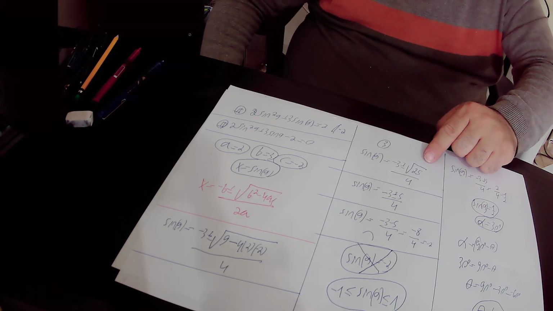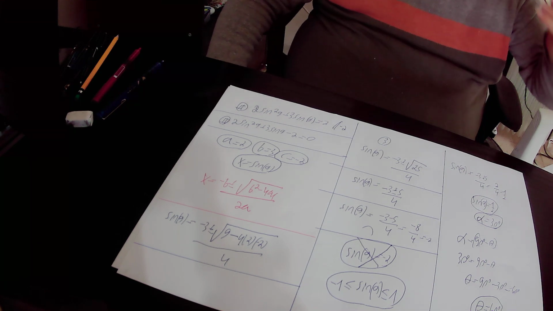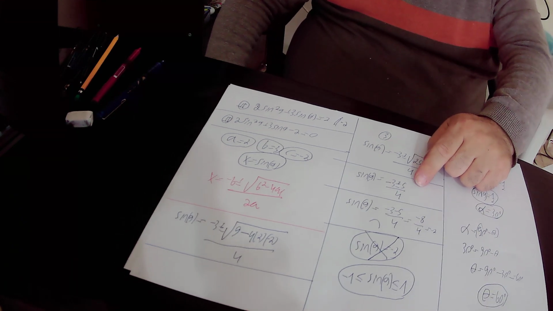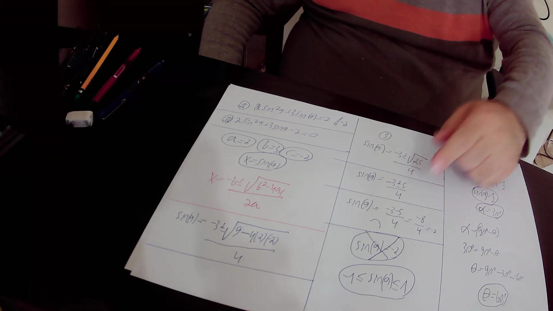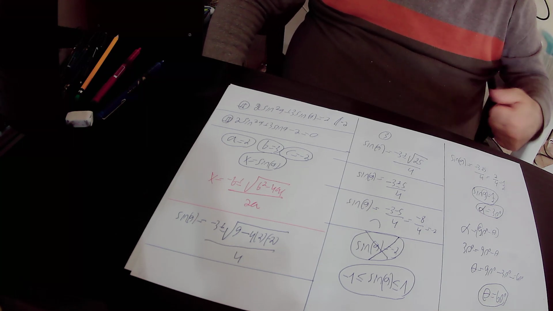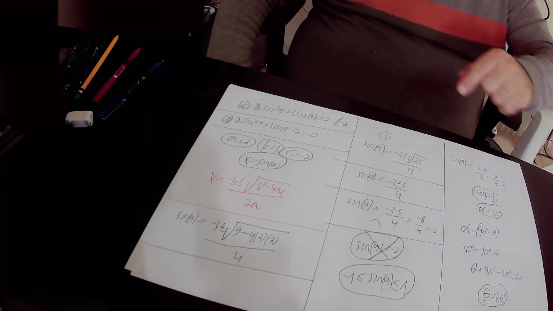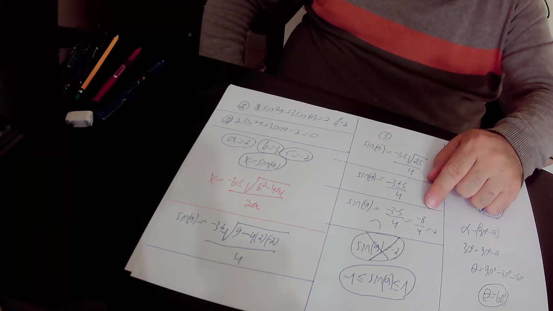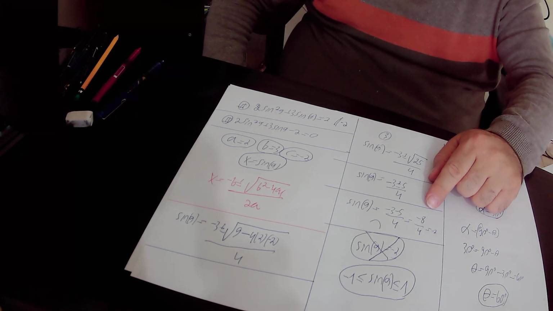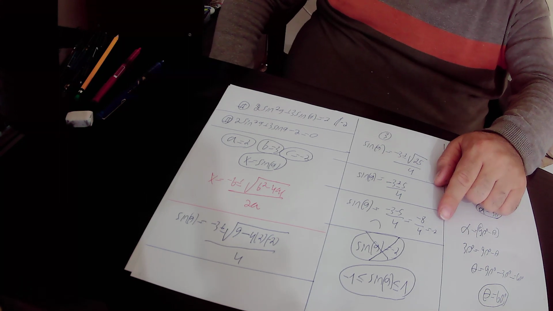The square root of 25 is 5, so sine alpha equals minus 3 plus minus 5 over 4. Here we have two possible solutions for sine alpha. The first solution is sine alpha equals minus 3 minus 5 over 4. Minus 3 minus 5 is minus 8, and minus 8 over 4 is minus 2.